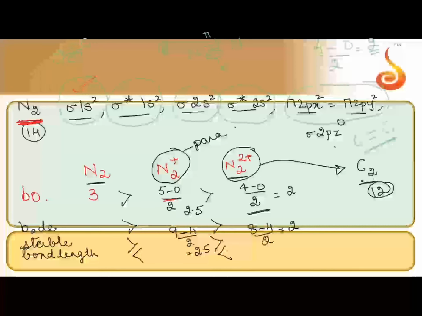Okay, similarly, they can ask you any question. You should be able to handle it fine. One extra point I want to tell you here. If you have the same bond order, sometimes that happens. For example, you have H2 plus and H2 minus. Do you have the same bond order, children?